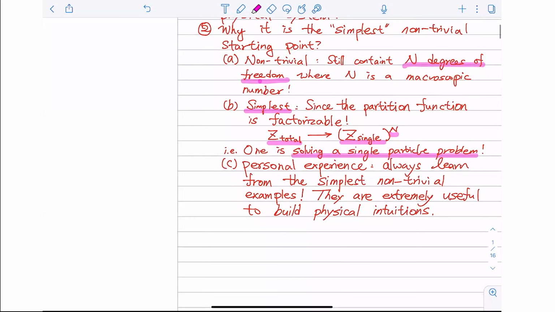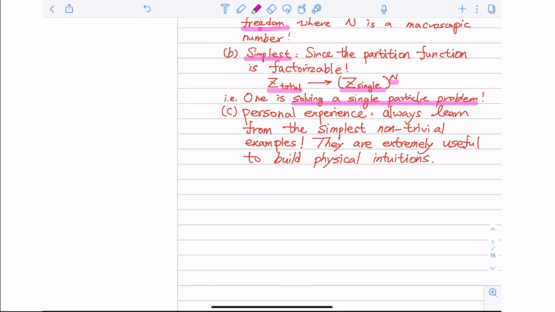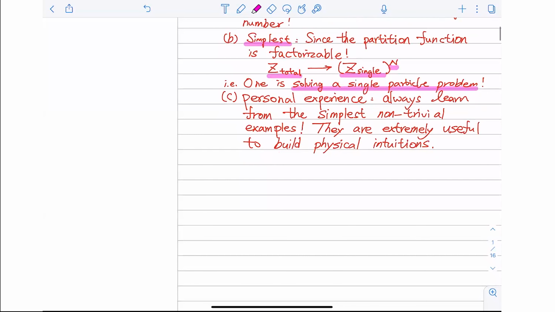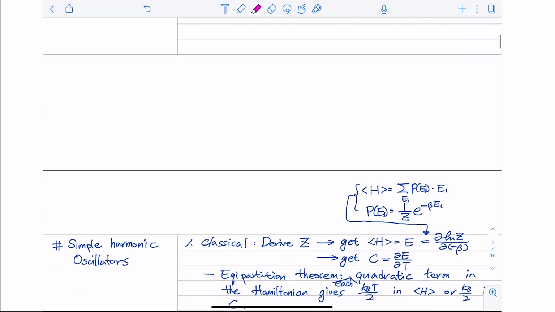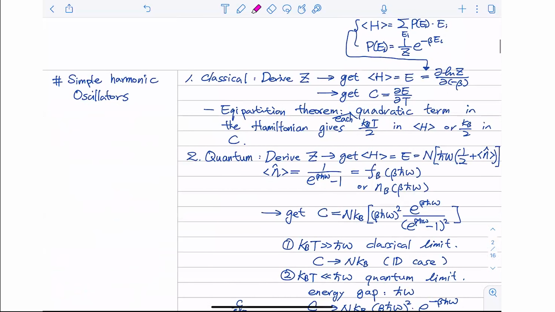My personal experience is that those simplest non-trivial examples are extremely useful when you try to learn a concept, because they basically capture the essential information, and also because they are simple, we are able to make a lot of progress and build physical intuitions out of them. Okay, so that's the basic motivation why we study these non-interacting systems.